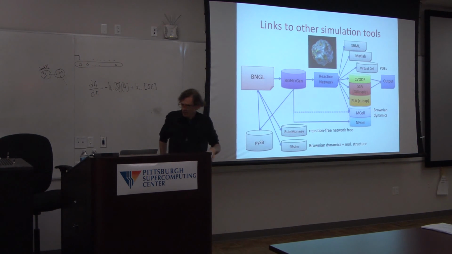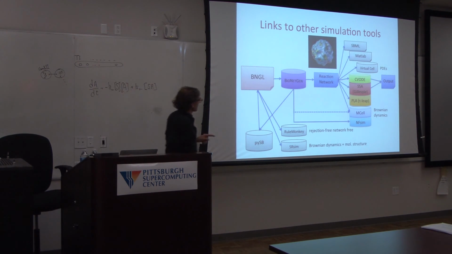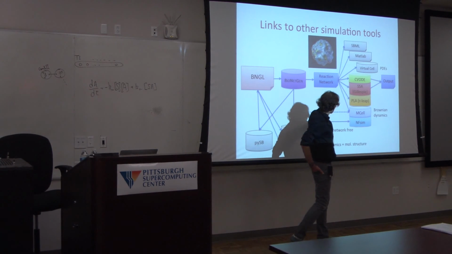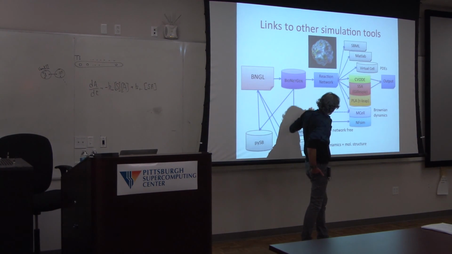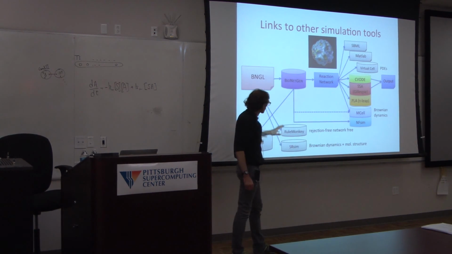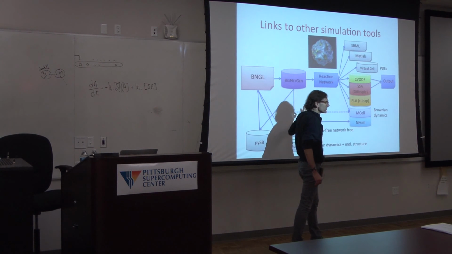What else do I want to say? The dashed line is a direct connection to specify molecules and interactions and then perform a simulation directly without actually generating a network. There are non-published features. A paper just came out.